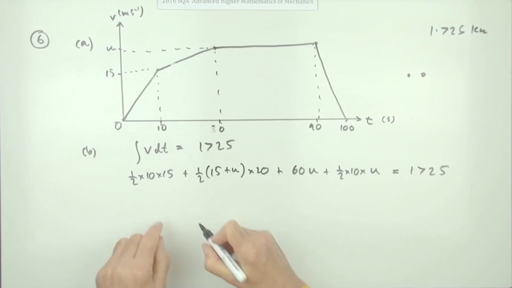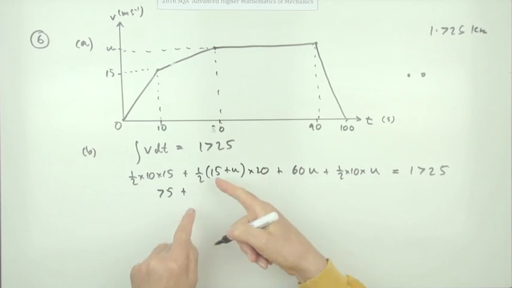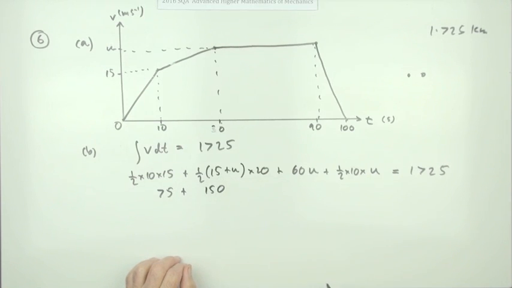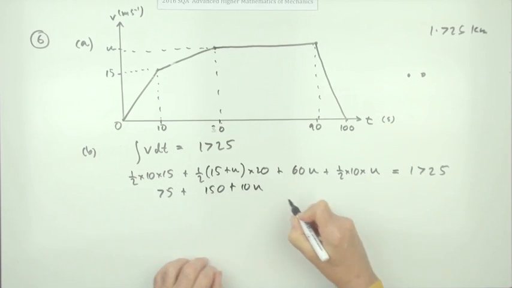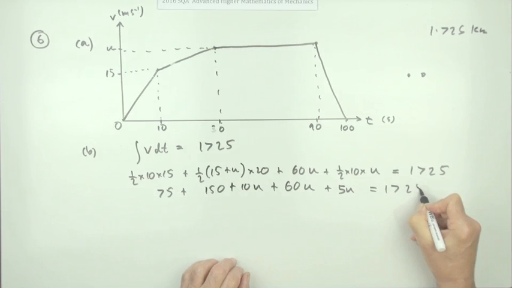So that part there will be 75, plus half of 20 is 10, so it's 150 plus 10u plus 60u plus 5u equals 1725.